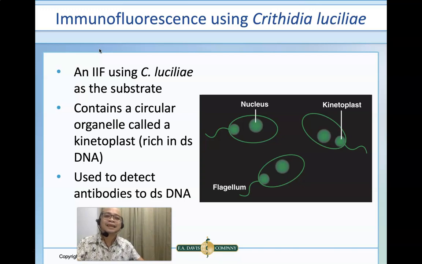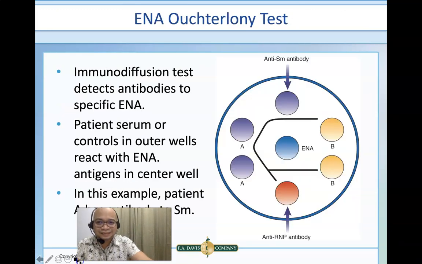This is the Crithidia luciliae, a type of flagellate. This particular protozoan contains a circular organelle called the kinetoplast. This is where the flagellum is attached. And this kinetoplast is said to be rich in DNA. So it is used to detect antibodies to double-stranded DNA.